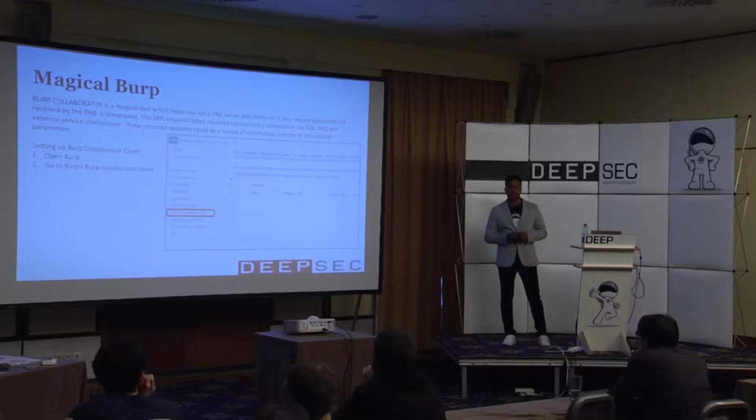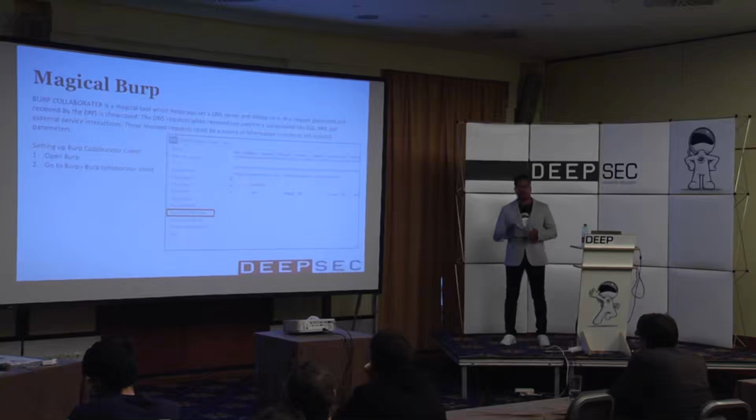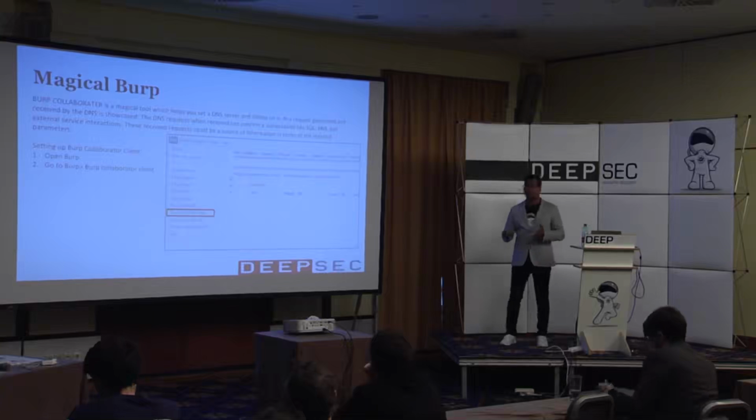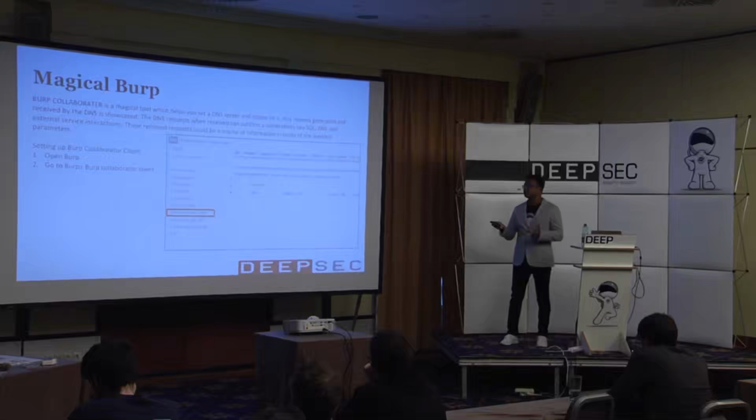He is working with Google, and he had given a talk about web cache deception. While I was reading that particular paper, I came to know that you can have a DNS server set up, and you can get back all the requests that come in.